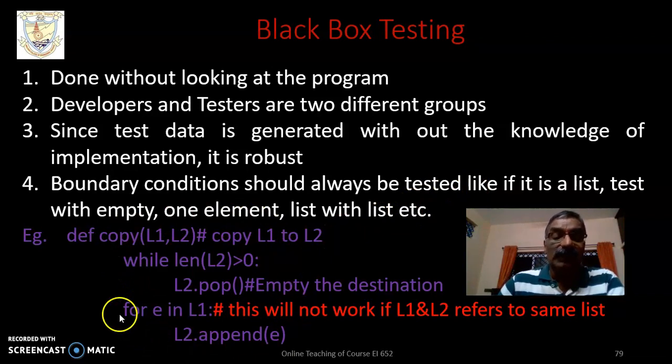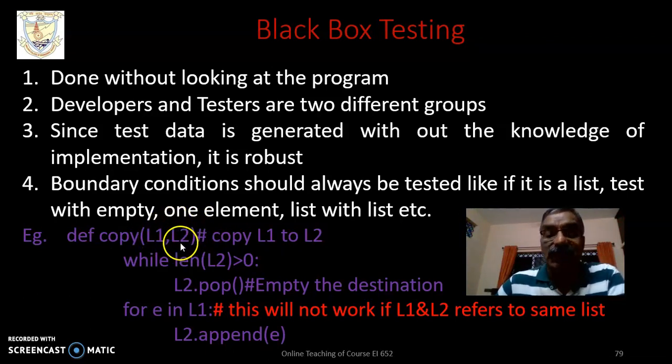Let us take an example and see how this will work. I have taken the example of a function. A function is written here for copying one list to another list. I call L1 the source list and L2 the destination list.